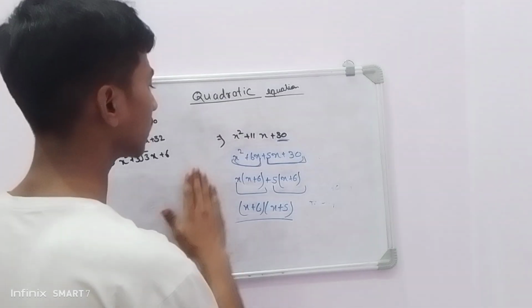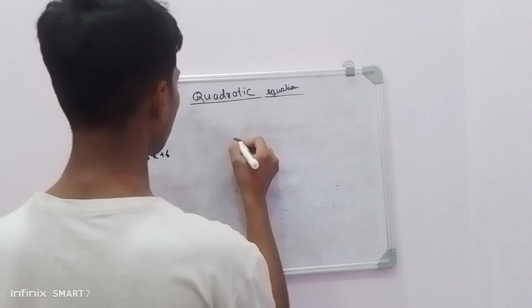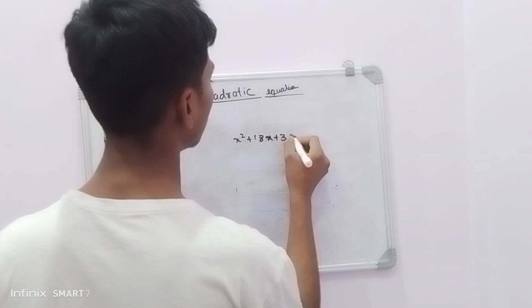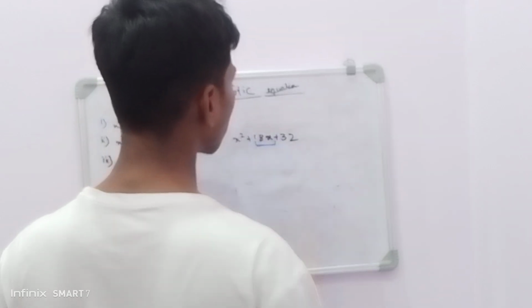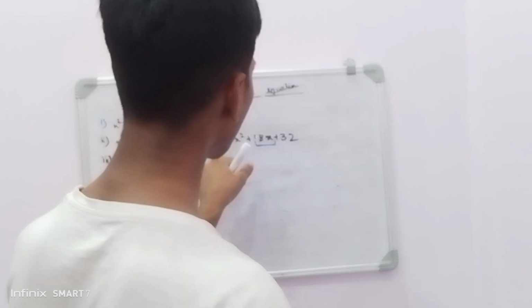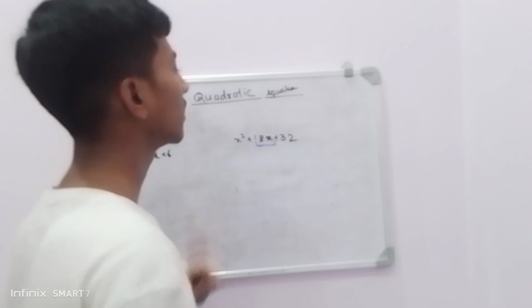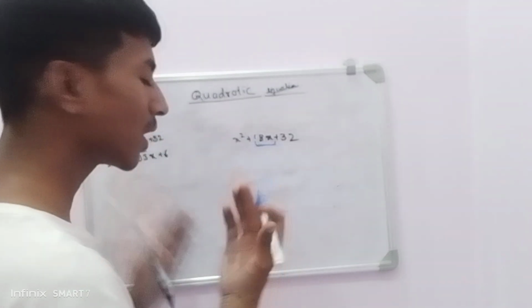And let's try another question, which is x square plus 18x plus 32. You have to split this into two parts such that the sum of those two numbers is 18 and the product of those two numbers is 32. So think over this. How could you get it in the quadratic equation?